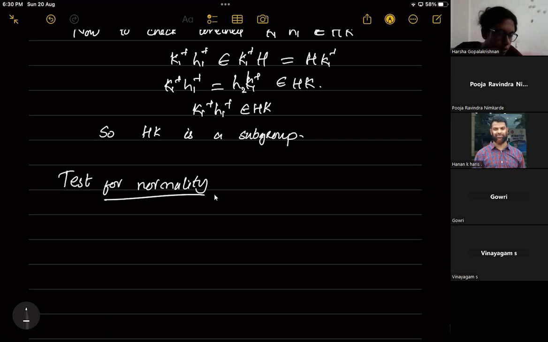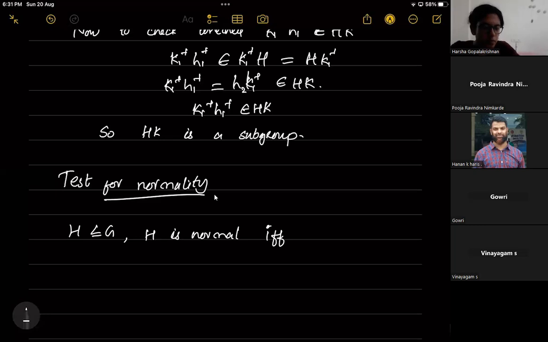H is a subgroup of G. Then H is normal if and only if, what was the condition? Left and right, yes, that we know from the definition, AH equal to HA.